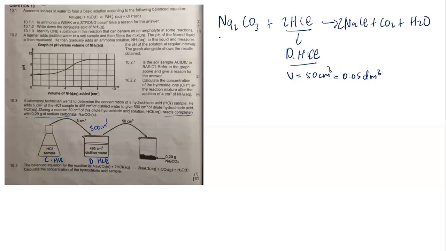So in this case, for our sodium carbonate, we are provided with its mass only, and the mass of our sodium carbonate is most definitely 0.29 grams. So we're going to use this reactant to determine the number of moles of HCl, but I'll tell you why.